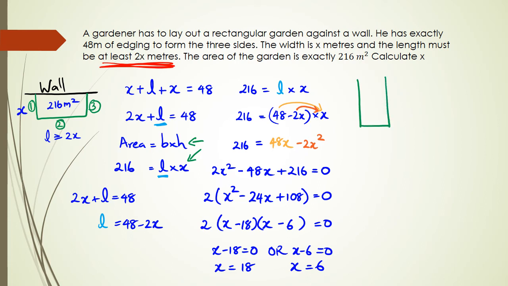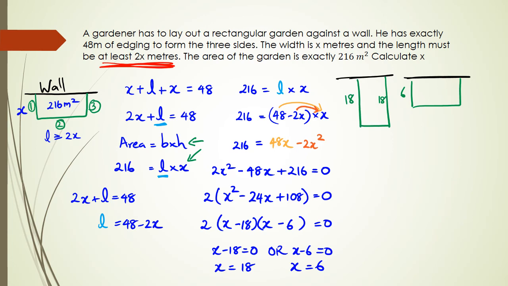So this is the first garden where x is 18, so that'll be 18. And then look at the second garden where x is 6. But here's the problem though. Looking at the left-hand side, this particular garden, if the wall was here, the opposite side is 18.